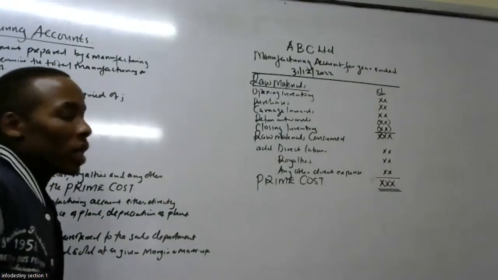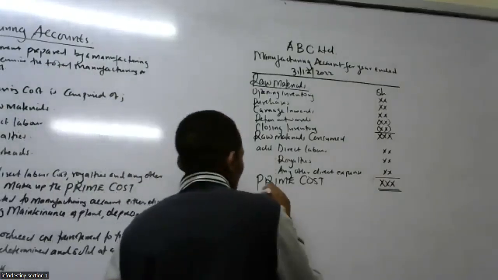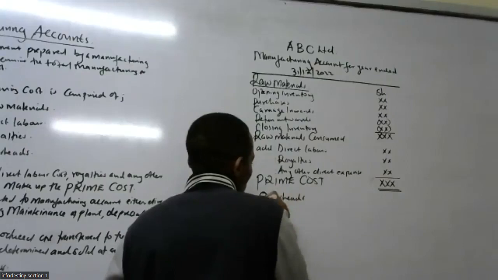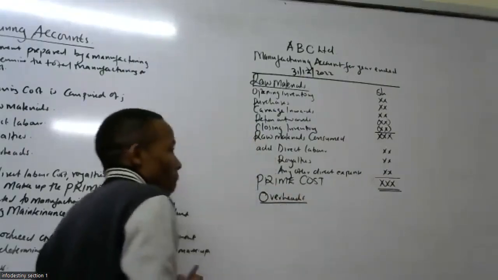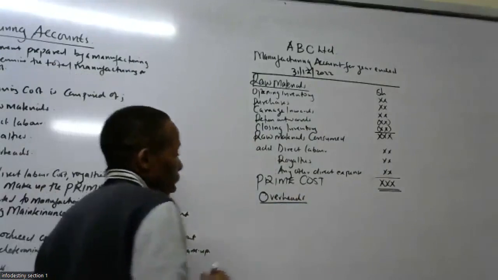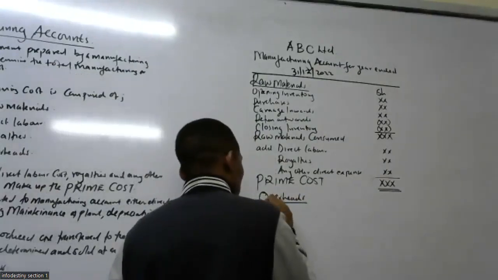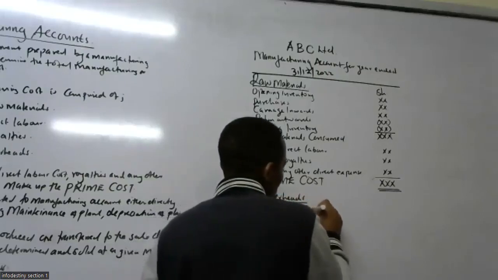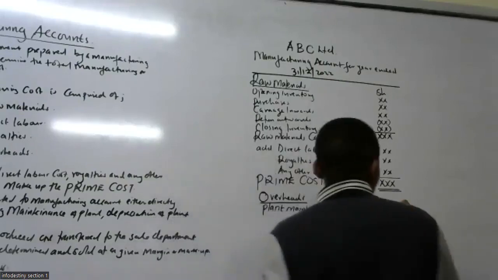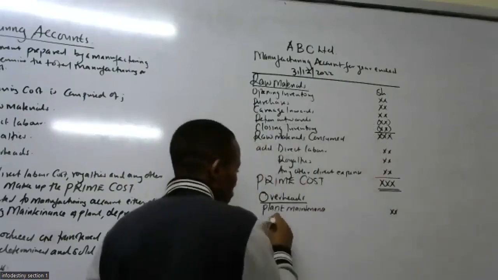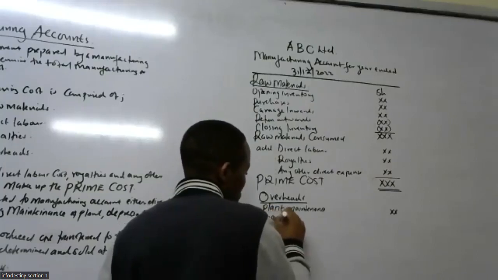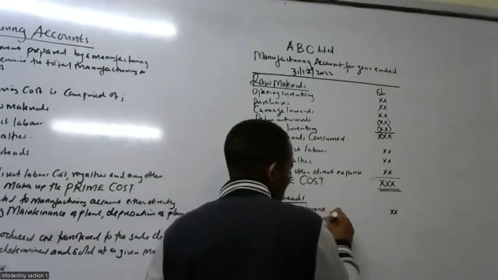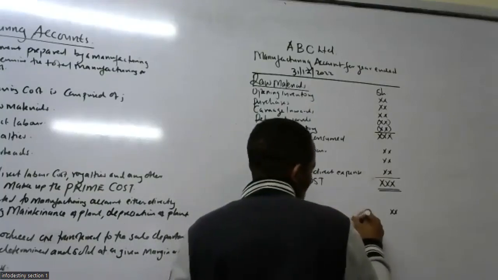Then next, we key in the overheads. For the overheads, we're going to have plant maintenance, and we can also have depreciation on plant and machinery.